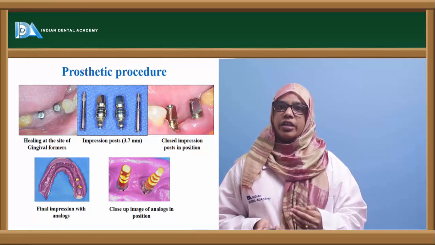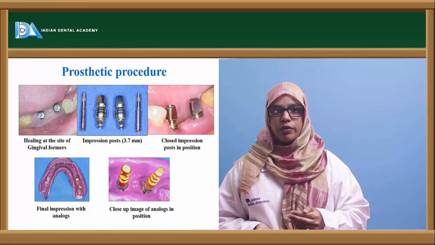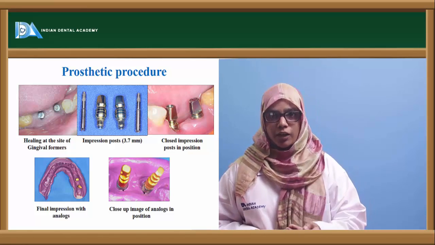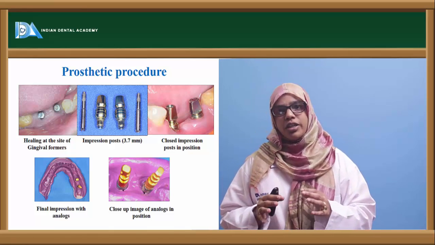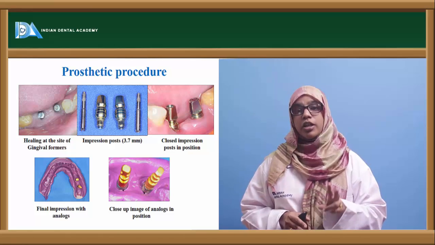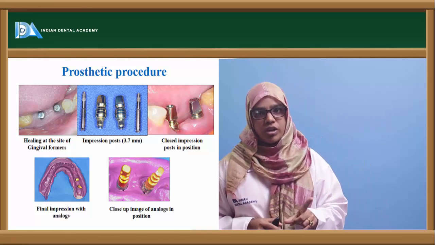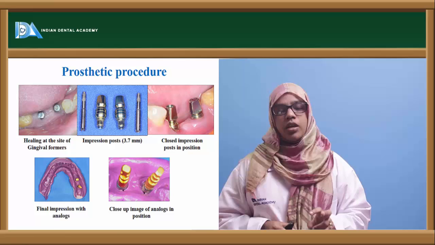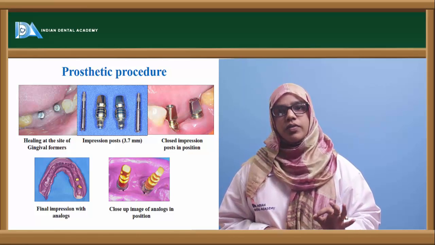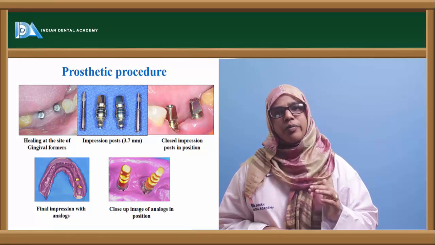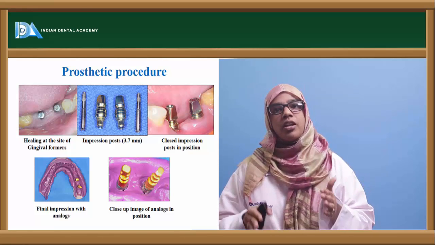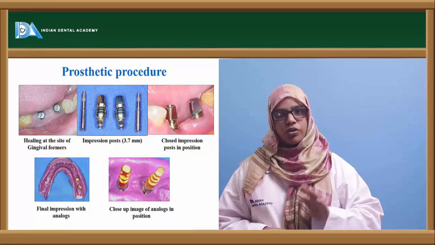When you're taking a final impression, you will remove the gingival former, put an impression analog, and then take an impression. While taking an impression for an implant patient, there are 2 techniques that I use: the closed tray technique and the open tray technique. The closed tray technique is used when you have put a single implant, or multiple implants that are in parallel directions, so you can remove it easily.